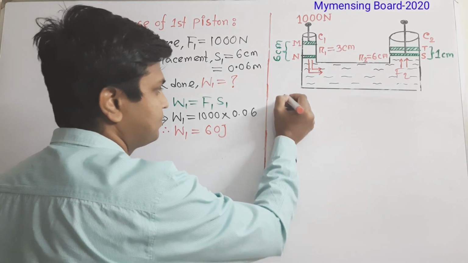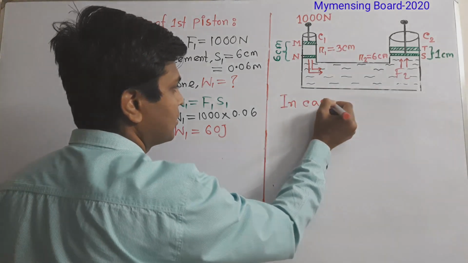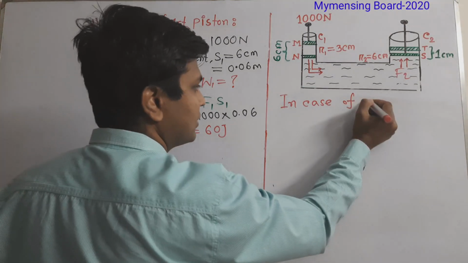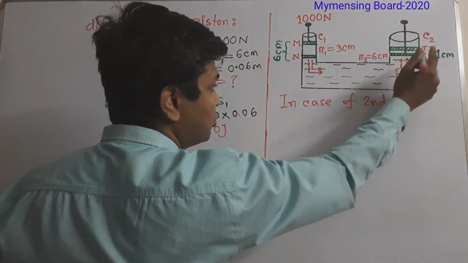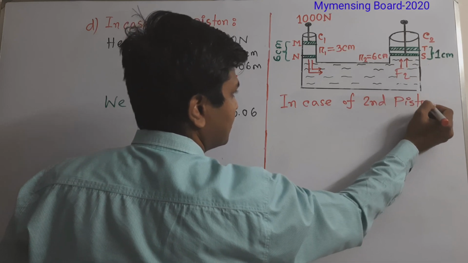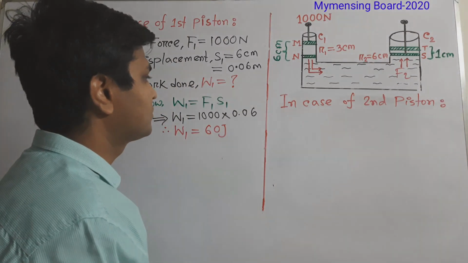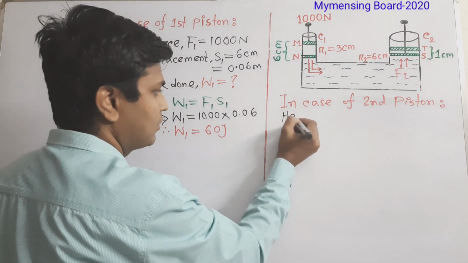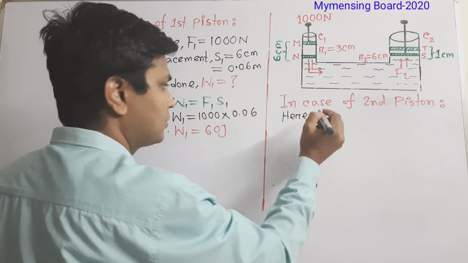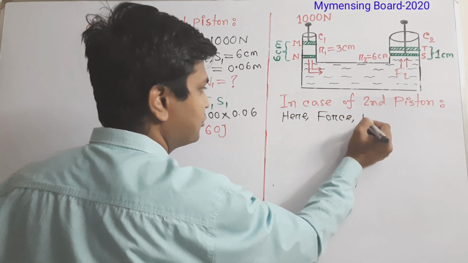Now we have to calculate the work done in the second piston. We can write, in case of the second or C2 piston, the given quantity here, force, is F2.